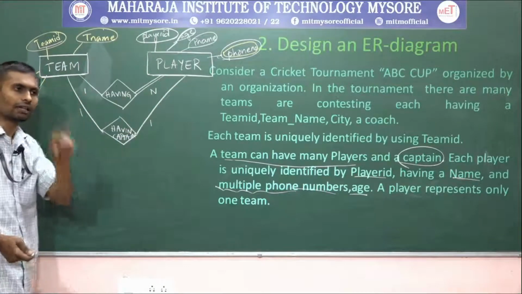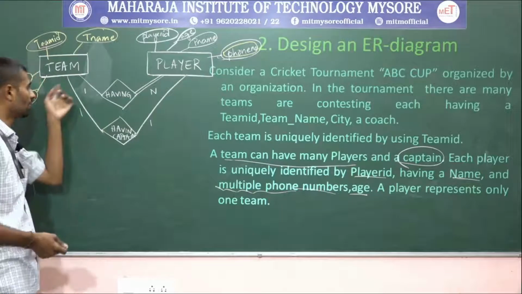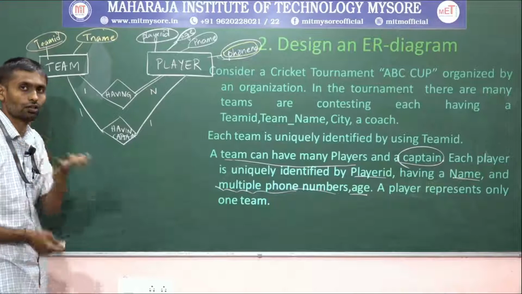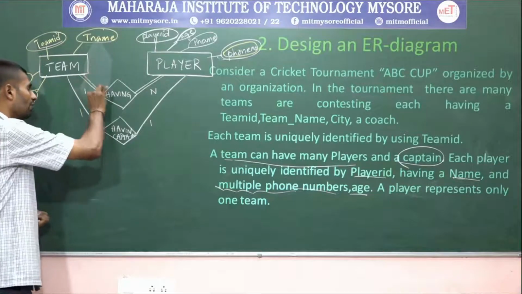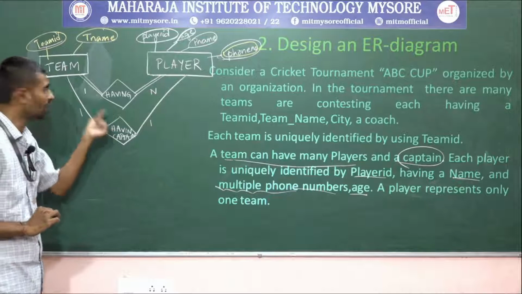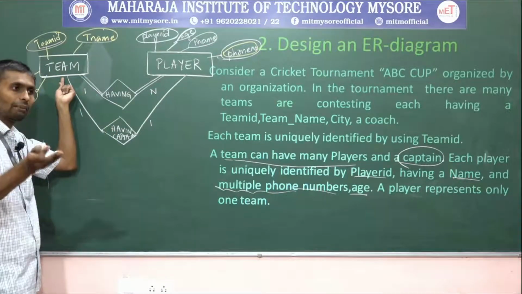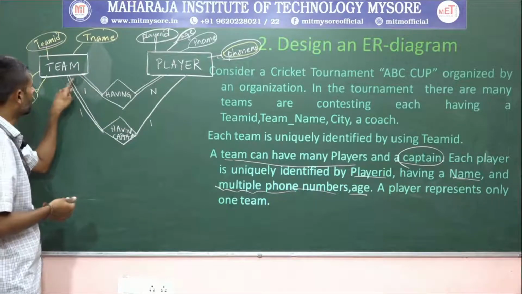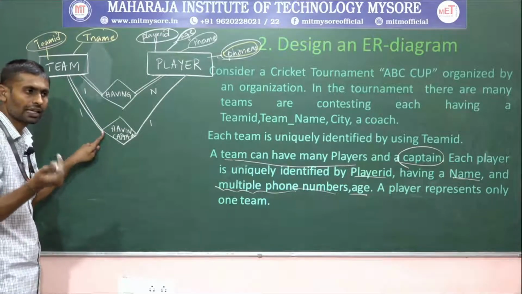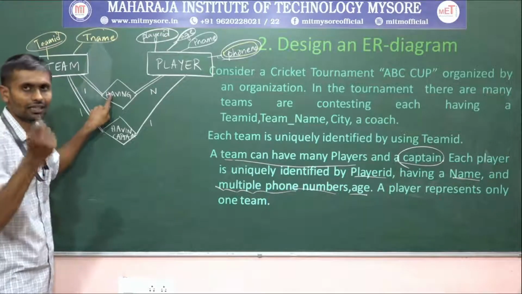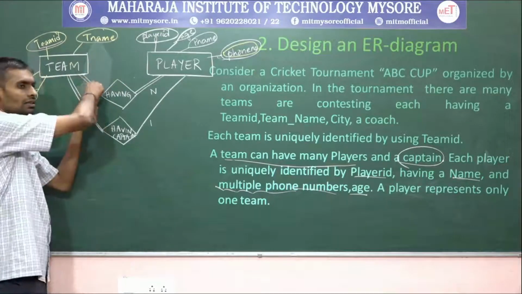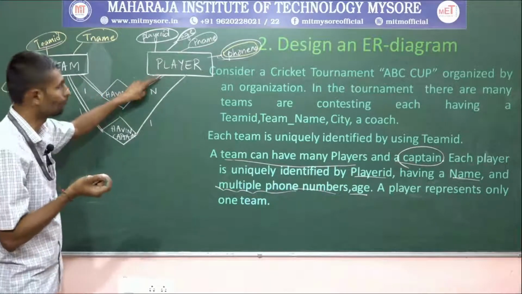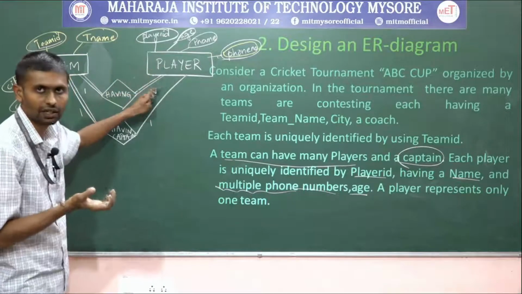But look at this one, guys. If there is a team, then definitely there is a captain. And if I consider it like this, then every team will have at least one player. That also becomes true. So I can write total participation even from this end. Because every team having a captain means every team has at least one player, so each team instance is connected to a minimum of at least one instance of this player entity type.